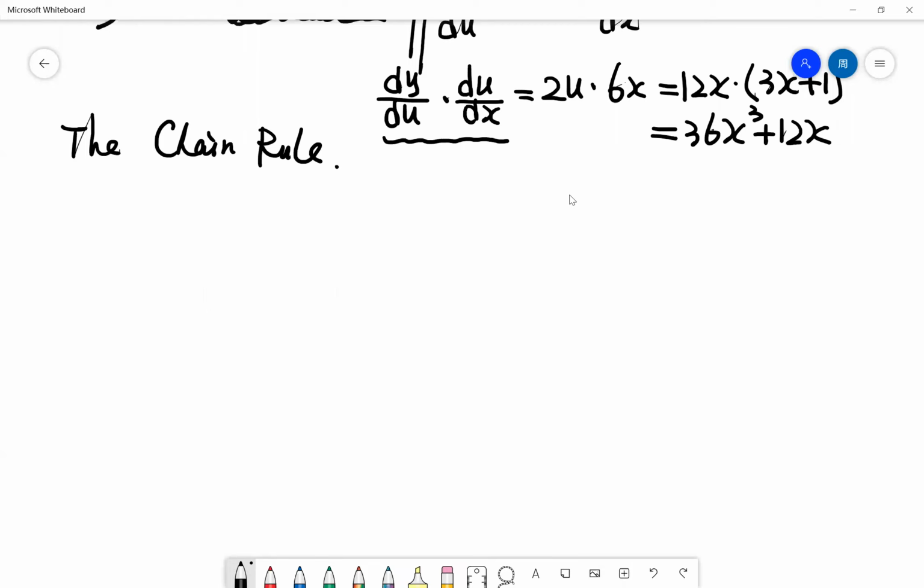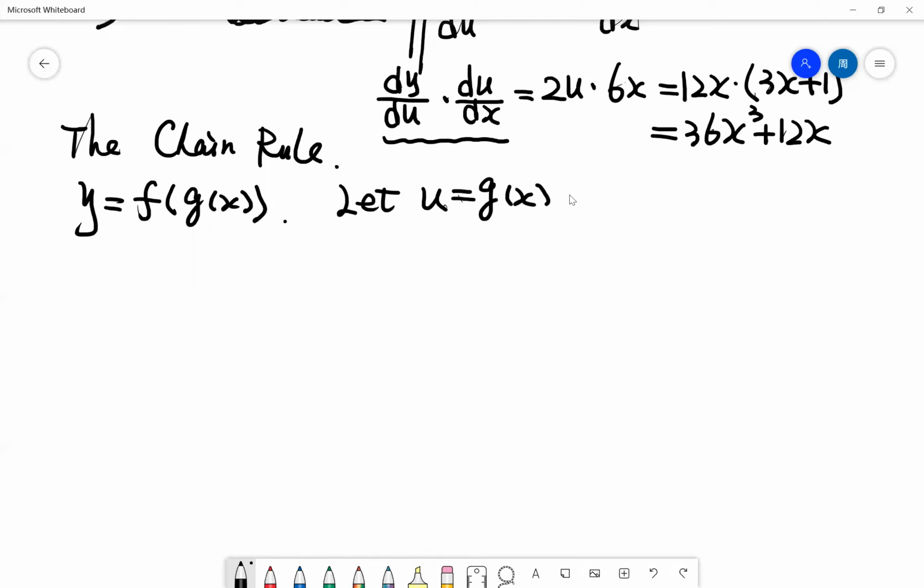If we want to calculate the derivative of a composite function, which we may write as y equals f of g of x, then how do we calculate it? We first let u equals g of x, and we can find that y equals f of u, right?